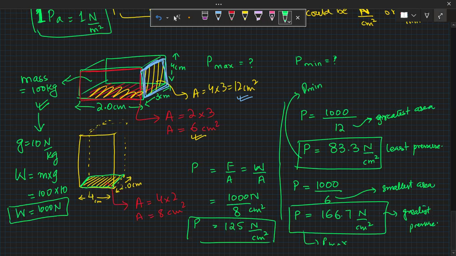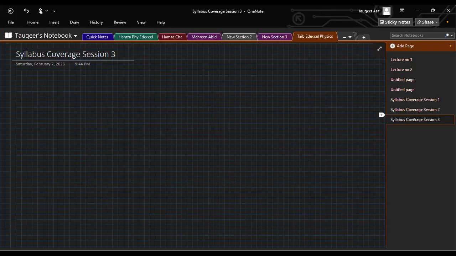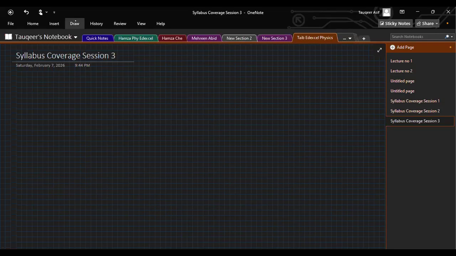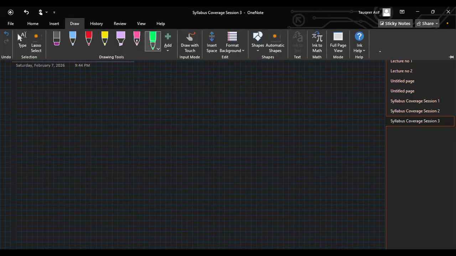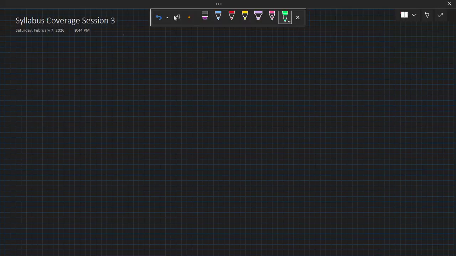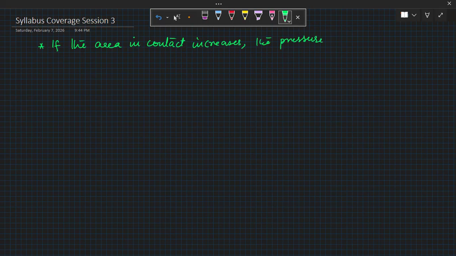Yes. So the thing is that if the area in contact increases, the pressure decreases, keeping what same? What we have taken same? Weight, okay?